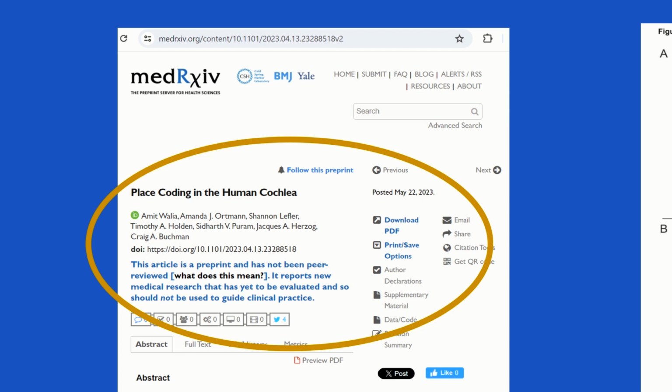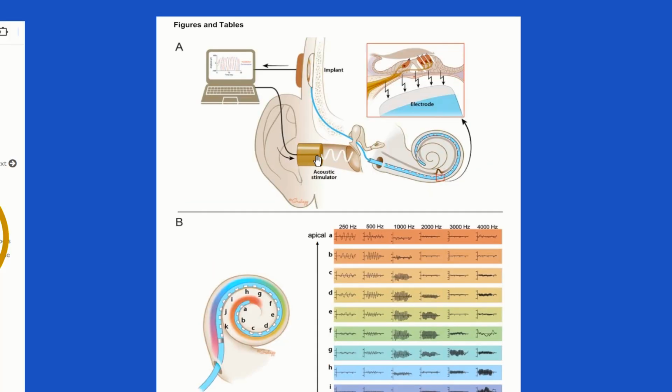Well, there's been a tremendous amount of research done to answer that question. And roughly speaking, people agree that there's what's called place coding going on in the human cochlea. The time domain waveform, in the form of sound pressure level variations, strikes the eardrum, gets relayed through a series of bones, and contacts the cochlea, which is a fluid-filled spiral organ.